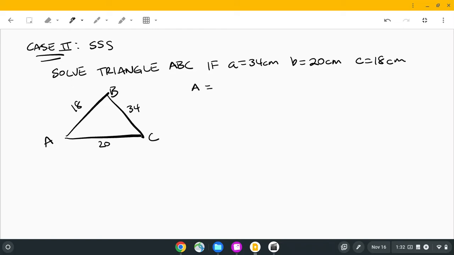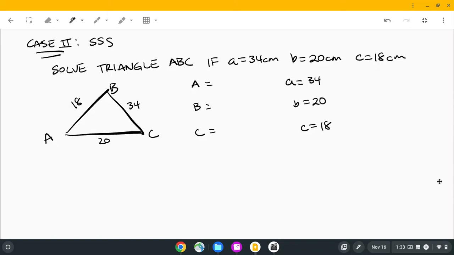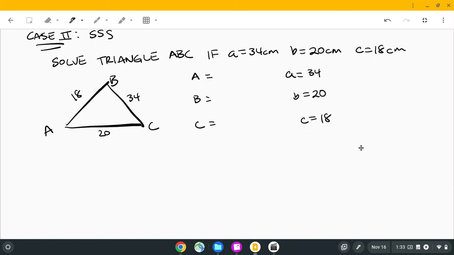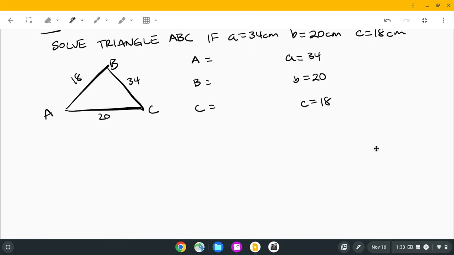So A, B, C. We actually don't know any of those angles. Okay. So since we don't know any of these, I'm just going to go with angle A. Doesn't matter where you start. So if I'm going with angle A, then I'm ending with cosine A, right?